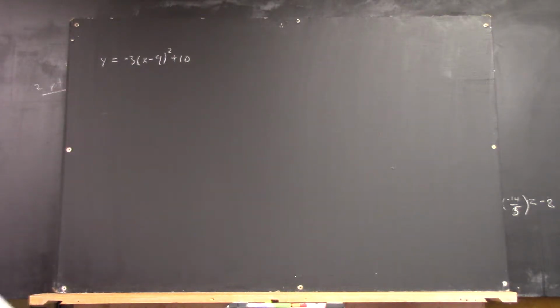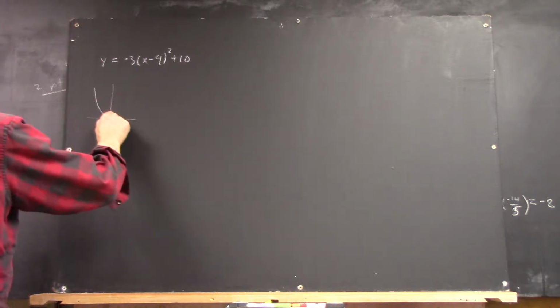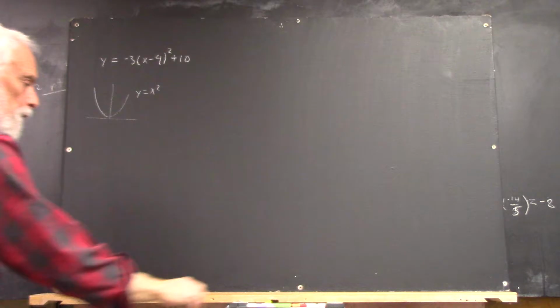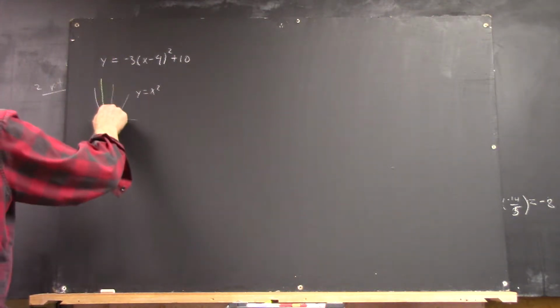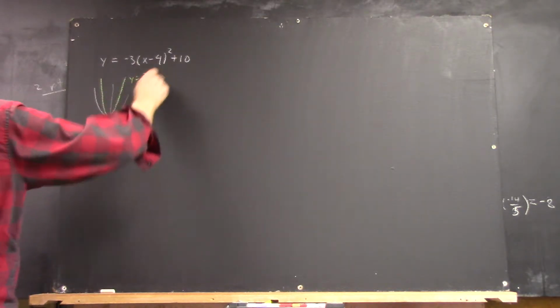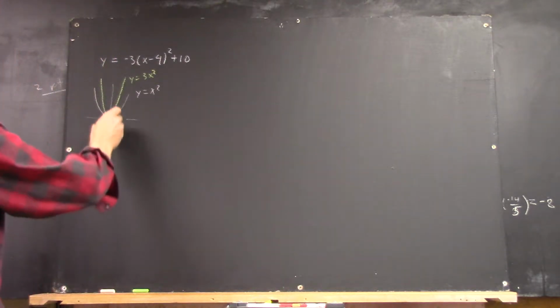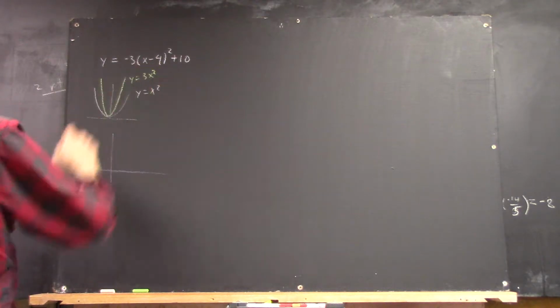Well, you graph that function. You start with your y equals x squared. You vertically stretch it by a factor of 3. Then you shift it 4 units.